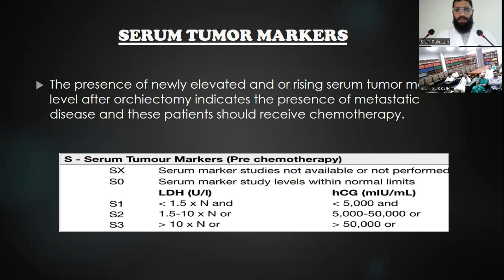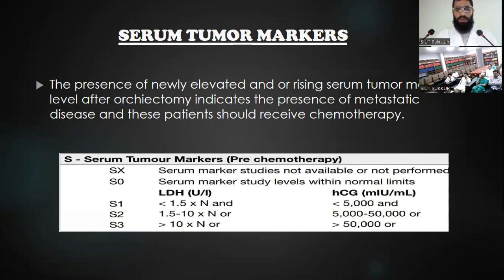Pre-chemotherapy serum tumor marker levels are: SX is serum marker studies not available or not performed. S0 is serum tumor marker study levels within normal limits. S1 is LDH less than 1.5 times normal and HCG less than 50,000 milli international units per ml.